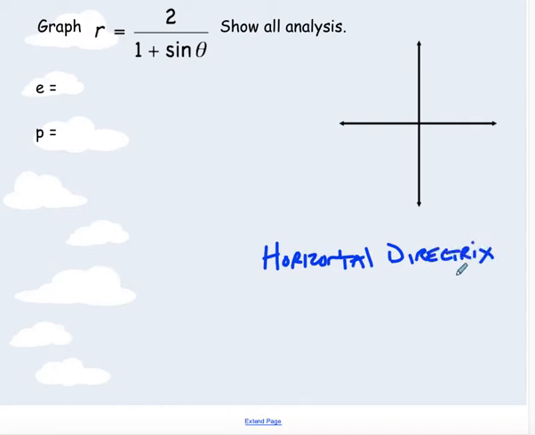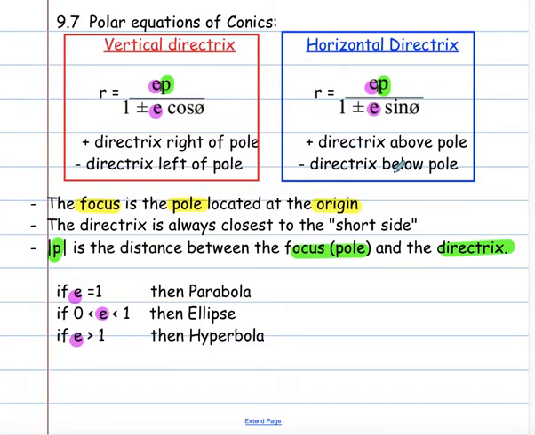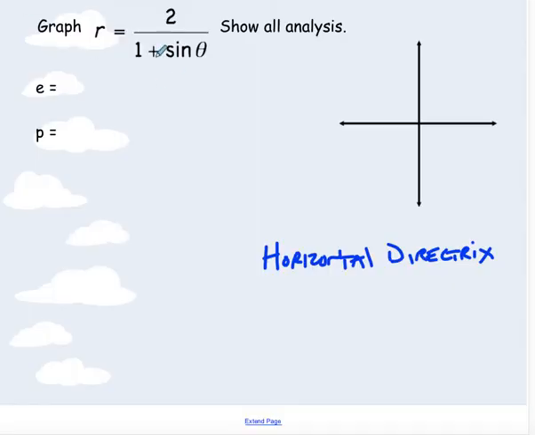And we can tell whether it's going to be above or below the pole based on whether we have a plus or a minus here. So in our example, we have a plus, so that means that it's going to be above the pole. And then the question would be, how far above?